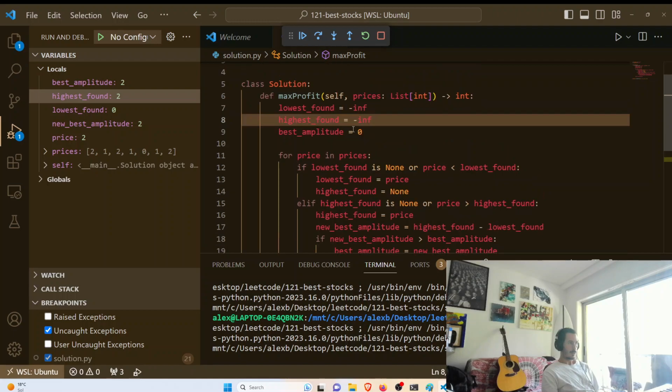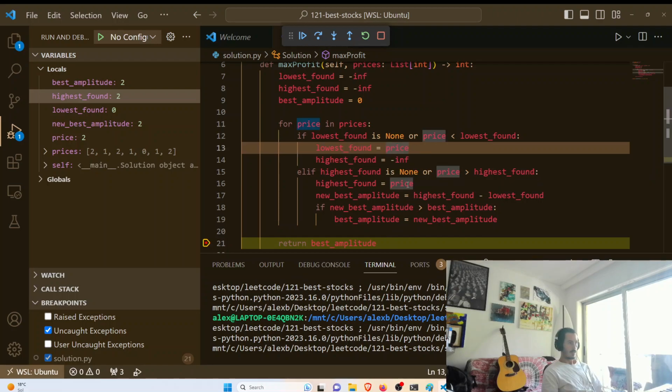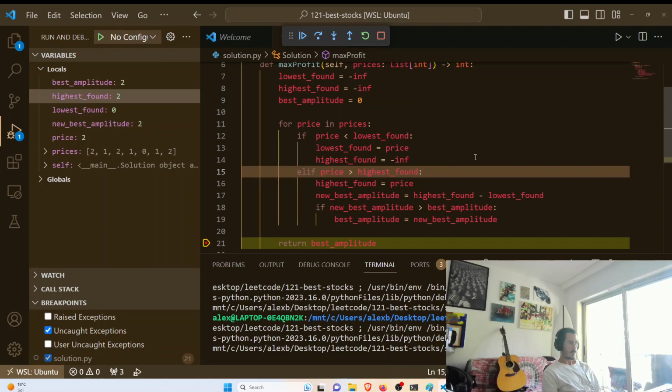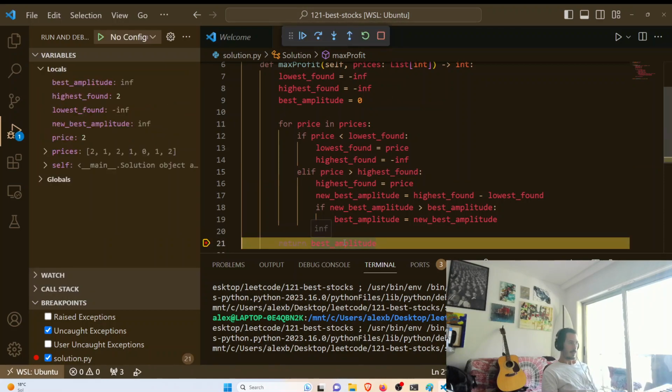Okay, so we could use minus infinity, and highest found is minus infinity, and we could just update things like that, and we don't need the is None. Let's see if this works. Best template to infinity. Okay, I must have messed up somewhere.